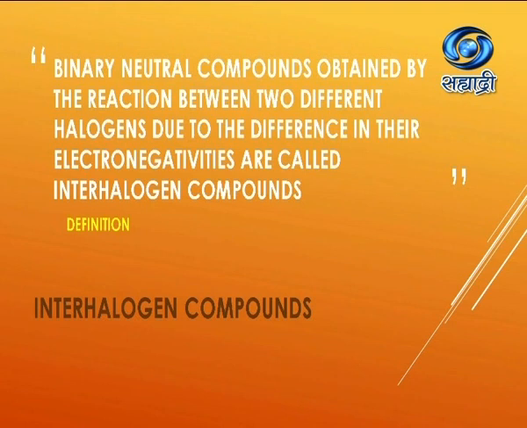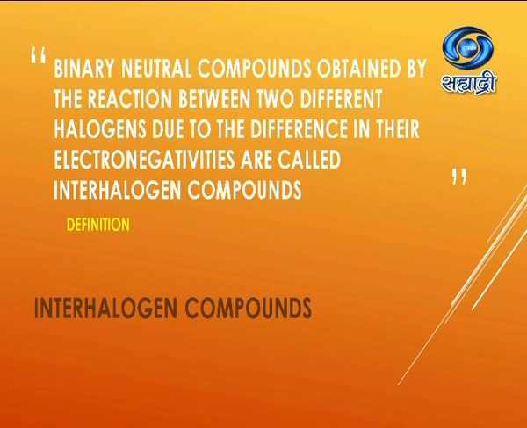Now let us discuss interhalogen compounds. So what is the definition? Binary neutral compounds obtained by the reaction between two different halogens due to the difference in their electronegativities are called interhalogen compounds. So these compounds first of all are binary compounds.